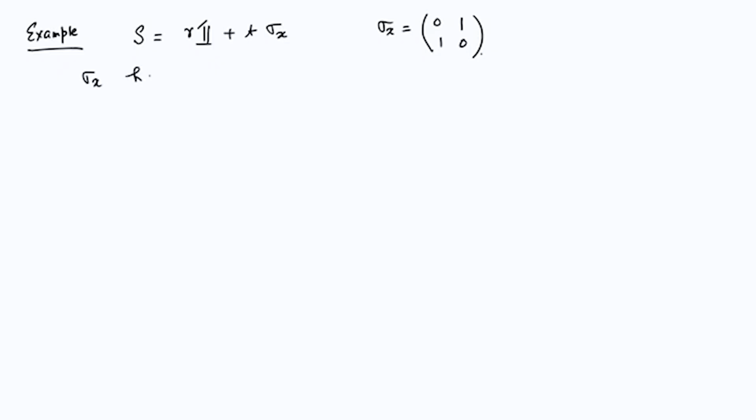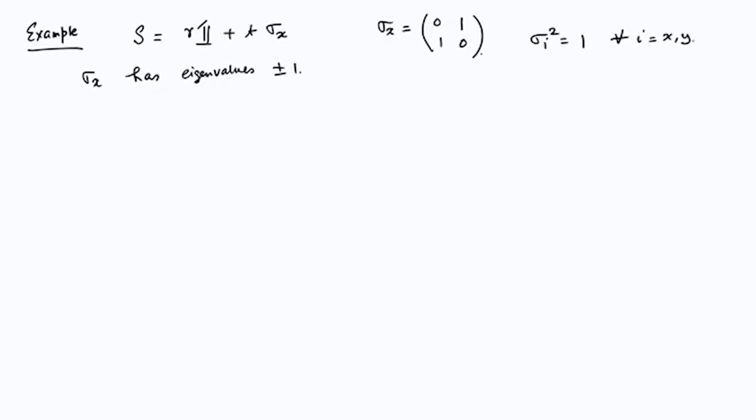So sigma x has eigenvalues ±1. This is true with sigma y as well as sigma z. All have eigenvalues ±1. They have other properties, such as each one of them squared is equal to 1 for all i equal to x, y, z.